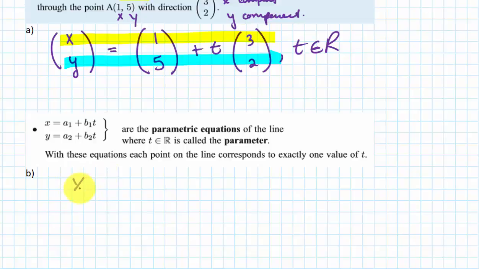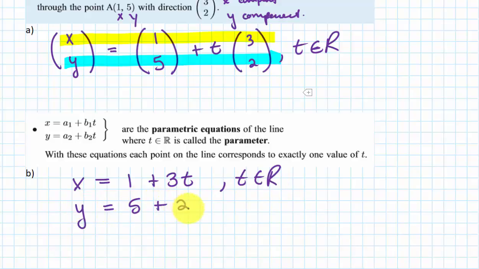And so we have x is equal to 1 plus 3t. We also want to state that t is an element of reals. It's the same t value. And y is equal to 5 plus 2t. And t is an element of reals.